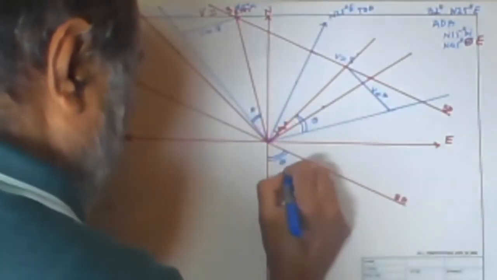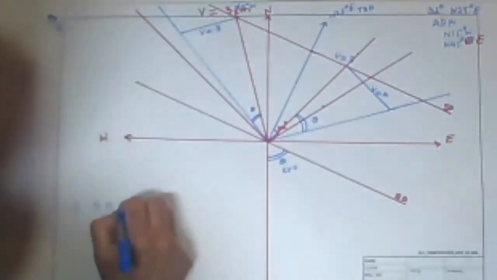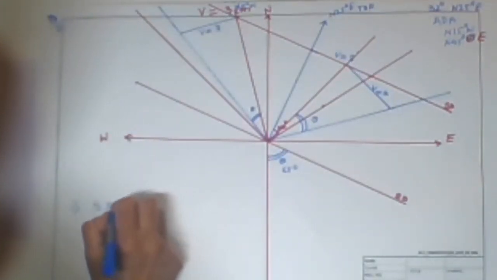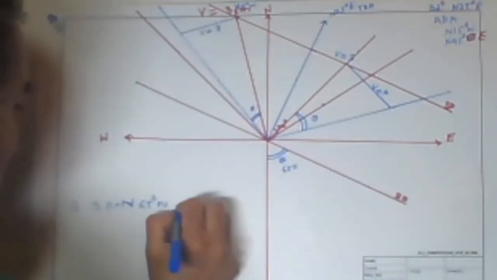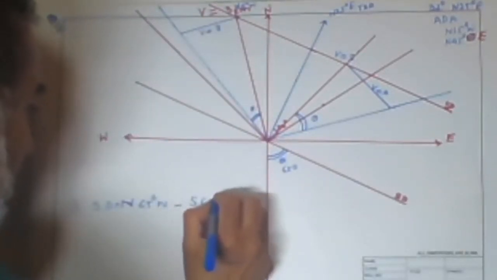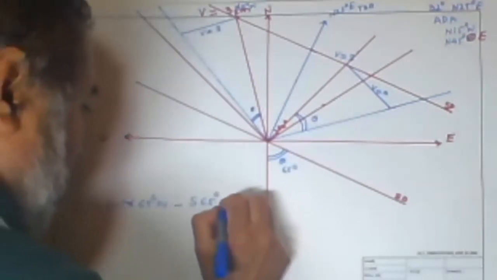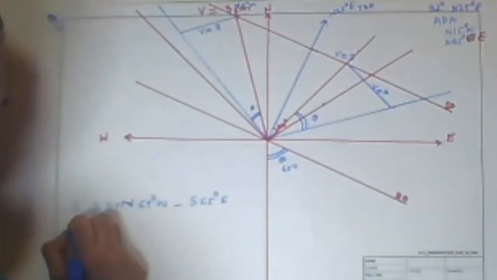So your answer is north 65 degree west and south 65 degree east. So this is your first answer.